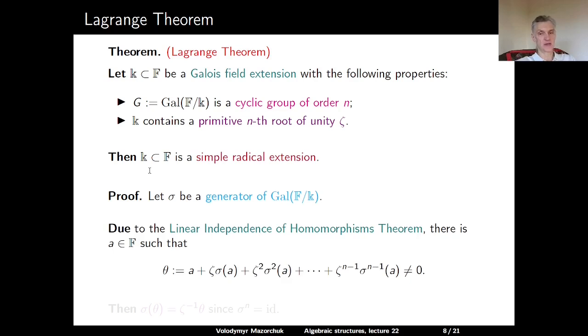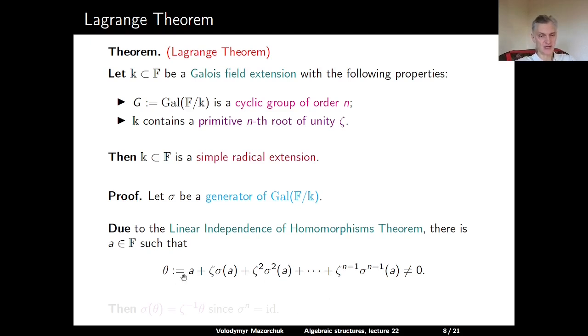Due to the linear independence of homomorphism theorems, which we proved earlier, there is an element A in F such that the element theta defined in the following way is not 0. We start with A, and then we add zeta times sigma of A, and then we add zeta squared times sigma squared of A, and so on, all the way up to zeta to the power n-1, sigma to the power n-1 of A. So we are using that the identity, sigma, sigma squared, and so on, the element sigma to the power n-1, are different automorphisms of F, and so they must be linearly independent.